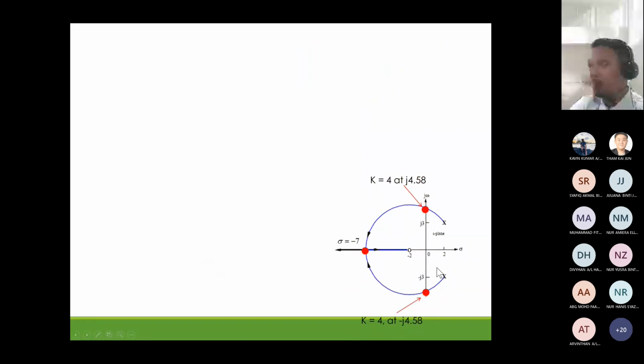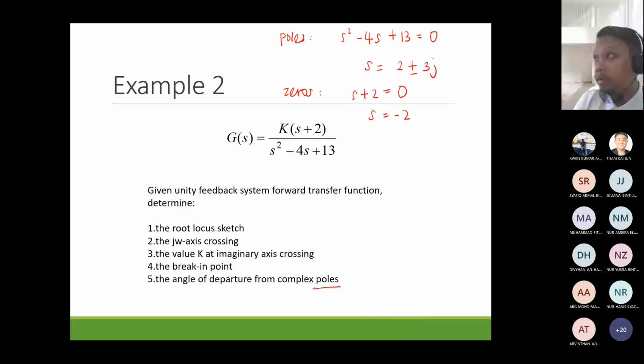All right, so let's look at the example. Firstly, you can sketch the location of poles, which is located here, and then sketch the location of zeros. So we have 2 poles and 1 zero. Then you can determine the location of the root locus on the real axis, depending on the odd number of poles and zeros.